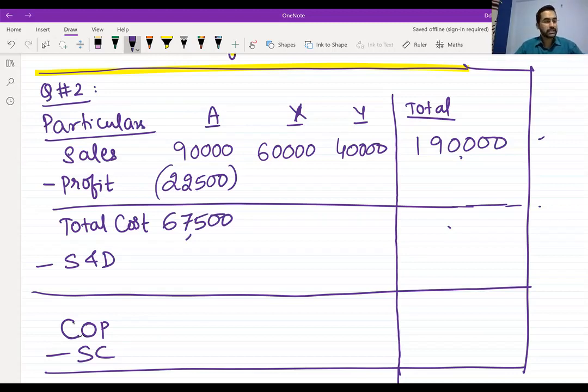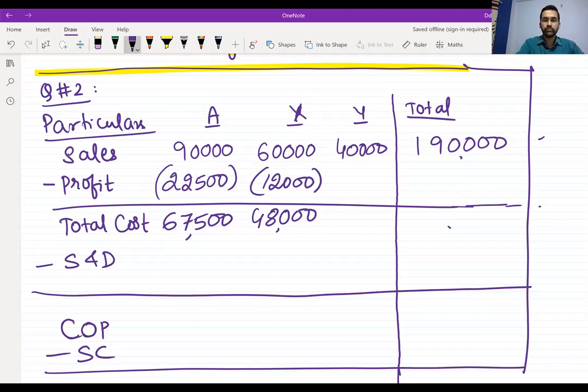What about X? 20%. That means 60,000 into 20%. That will be 12,000. 60,000 minus 12,000 will be 48,000.